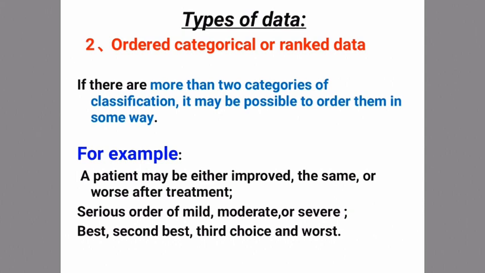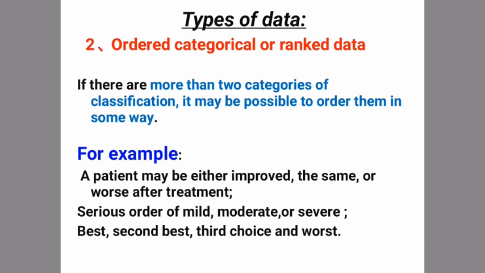Other examples are the severity of an illness, which is mild, moderate, or severe, and best, second best, third choice, and worst. All those are ranked data. This is the second type of data, ranked data.